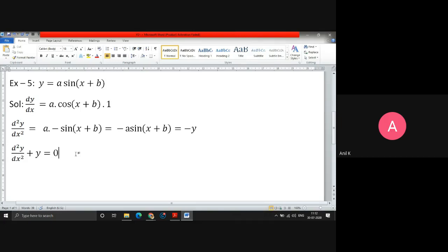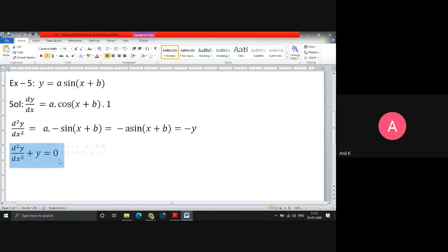Okay, this explanation is clear, how to get them. Now, one more thing you have to understand. If you observe the differential equation with respect to the given solution, in the differential equation you will never have the arbitrary constants. If arbitrary constants are there, then your solution is going to be wrong. See here, a and b are both arbitrary constants which are present in the solution, but in the differential equation we don't have them.